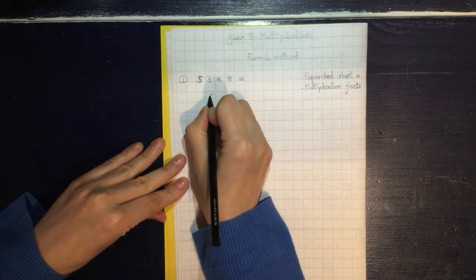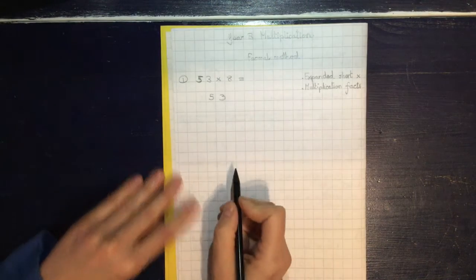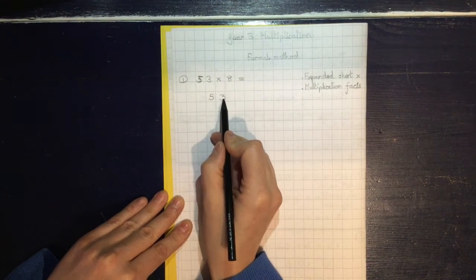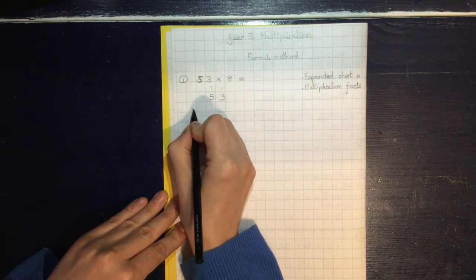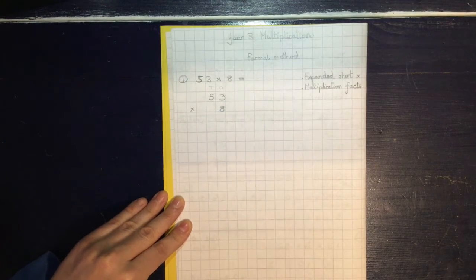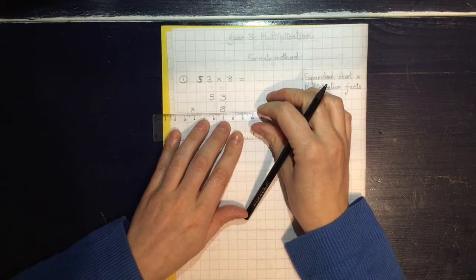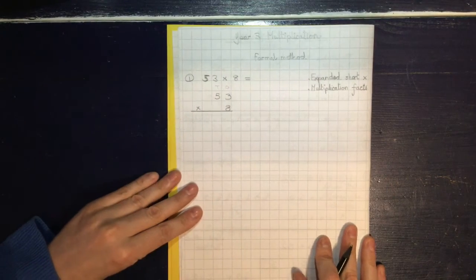So let's write our multiplicand. 53 made of 5 tens and 3 ones times 8. All right, so let's do this.